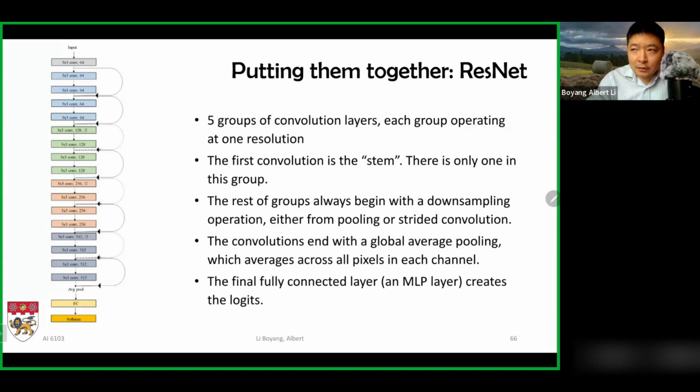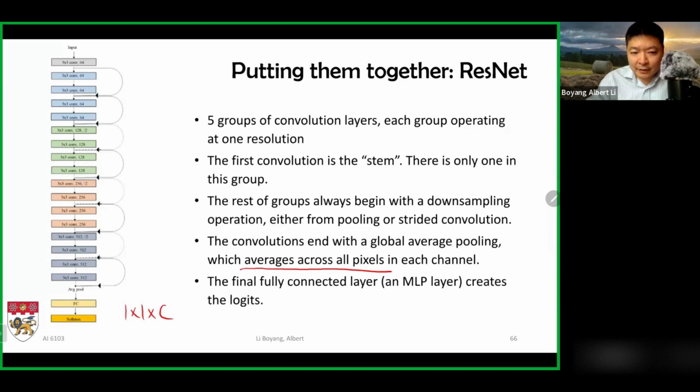So it is called global, meaning that no matter what the input feature size is, what the height and width, or the spatial dimensions of the feature maps are, the output is always the average of all these pixels in the same channel. Okay, so it's averaging across all the pixels. So the output is always 1 times 1 times the number of input channels.